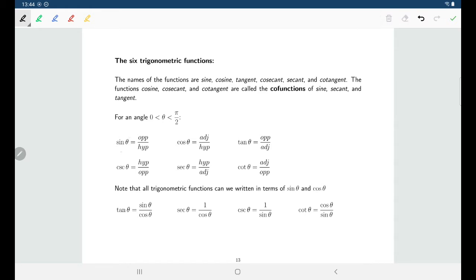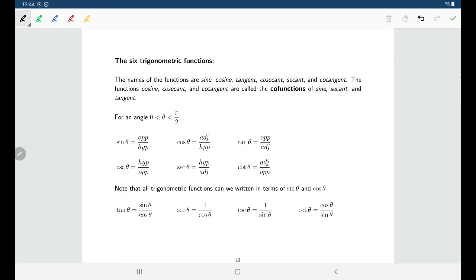So for all of these functions, we have sine of theta, cosine of theta, tangent of theta, cosecant of theta, secant of theta, and cotangent of theta defined, and they're all defined in terms of our side lengths for these triangles. So for the sine of theta, it would be the opposite side over the hypotenuse, for example.